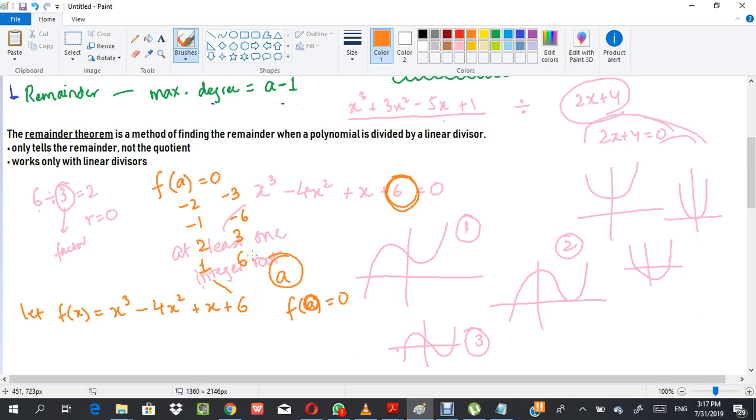Now if you notice one thing, for any number, the lowest factor of that number is the negative value of that number, and the highest factor of that number is the positive value of that number.